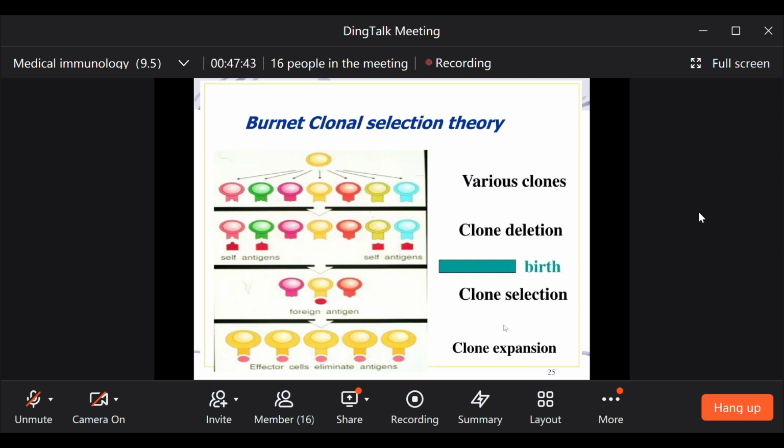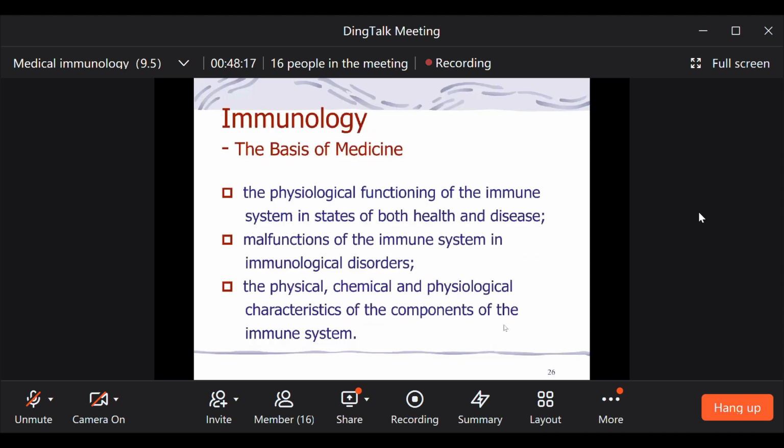The data together promote the development of immunity, and now immunology has become a pioneer in the medical fields. So immunology is the base of medicine.